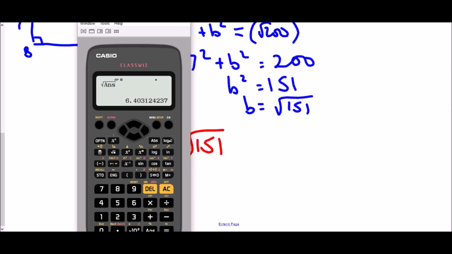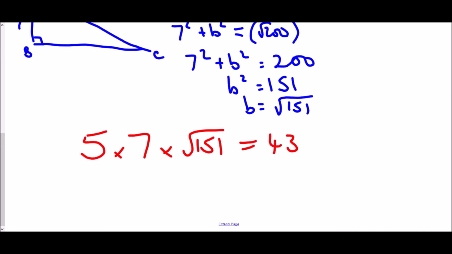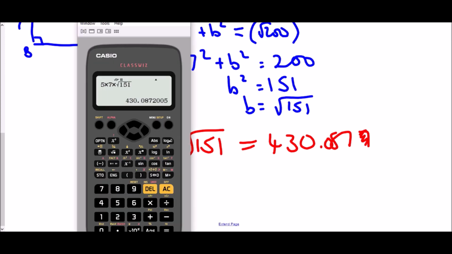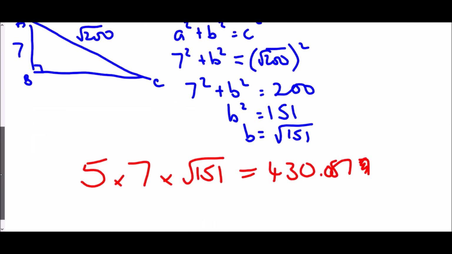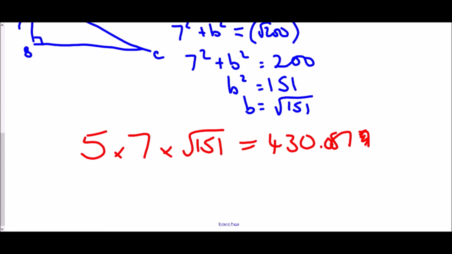Grab the calculator. 5 times 7 times root 151 is 35 root 151, which comes to 430.087. And the question, let's just check 3 significant figures. Well, 3 significant figures would actually be rounding it here anyway. And so our answer is 430 centimetres cubed.